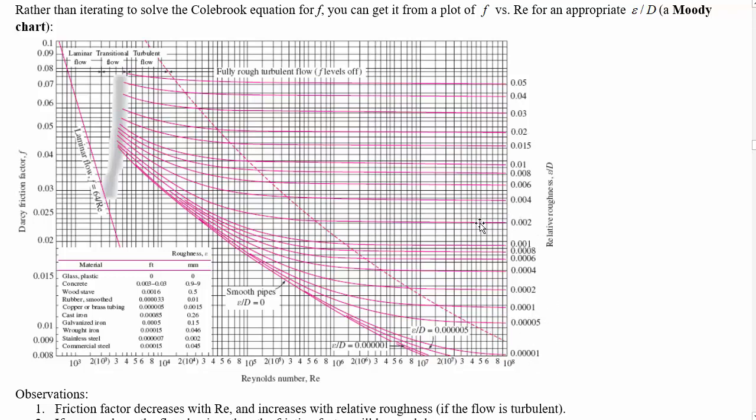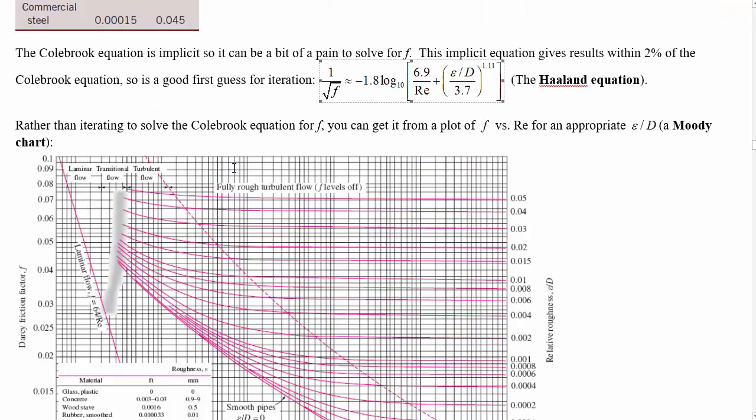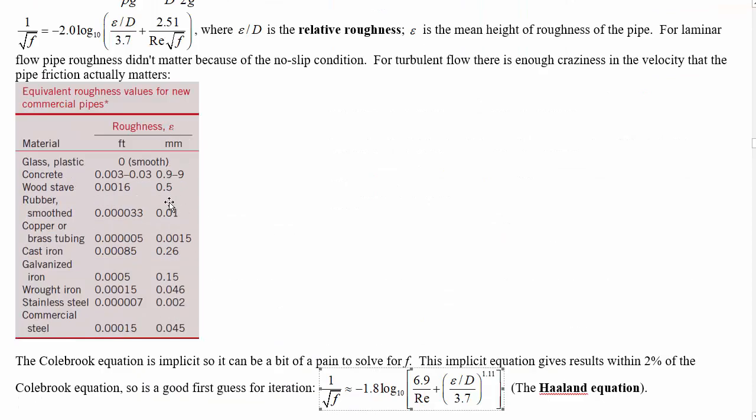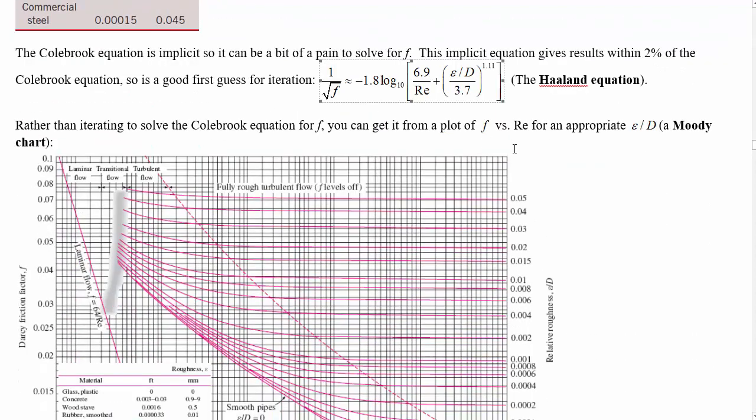So this curve here, which goes up there, I'll try and do some mouse tracking and over onto this side. This is the curve with a relative roughness of 0.002. So what you do is you say, for whatever pipe you've got, you calculate the roughness, maybe from this table if you're not given what the roughness is, then you divide by the diameter to find the relative roughness.